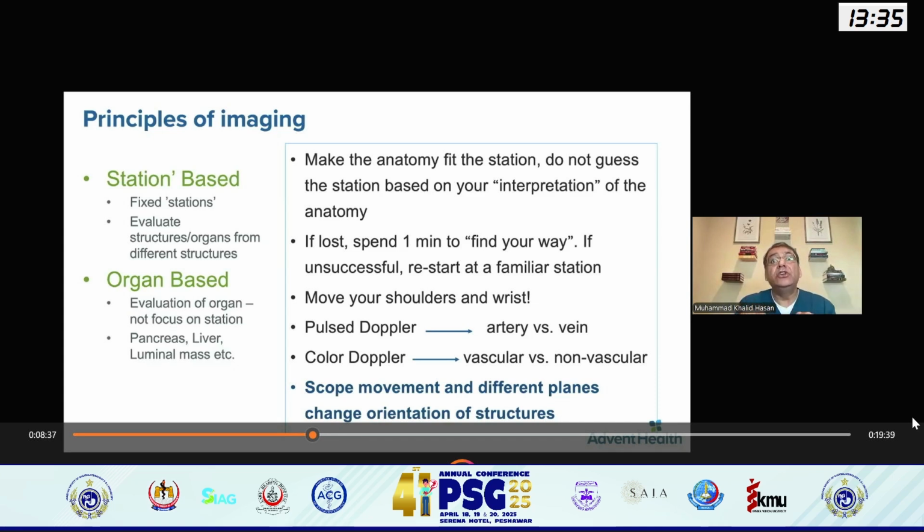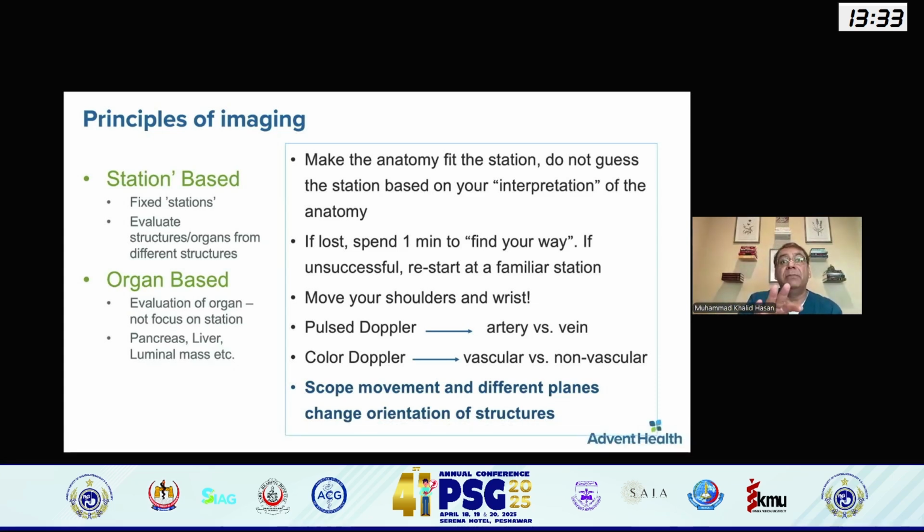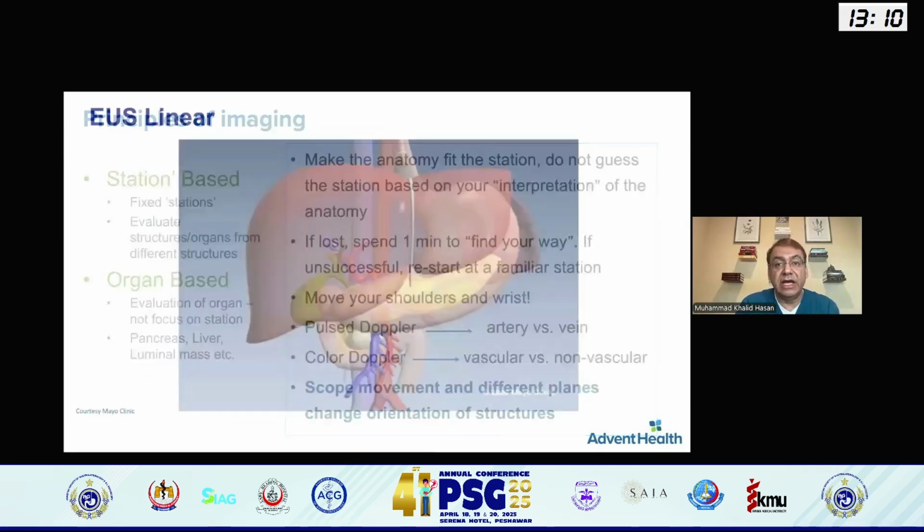But when you are in the duodenal bulb, everything flips. That needs to be mastered: the orientation of the organ is going to change based on where you are, long scope position, short scope position, looking at the organ from the stomach or from the duodenum. So that constantly changes based on where you are.